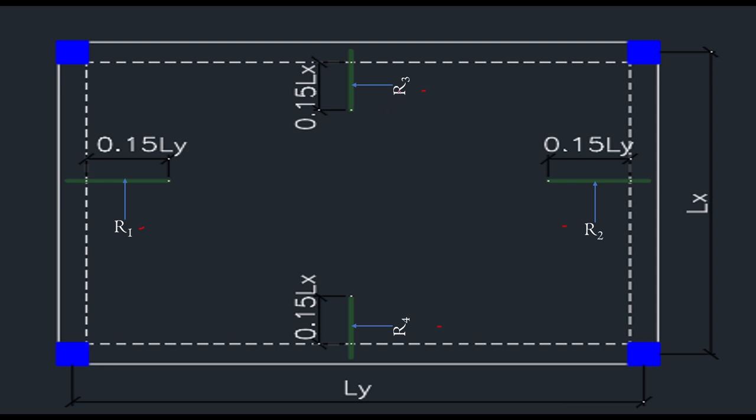In case of R3 and R4, the end is discontinuous, there is no attached slab, so the reinforcement is going to be returned from the face of the beam into the slab by 0.15 multiplied by the length, and in this case, this length is going to be Lx. So simple as that. When the slab is discontinuous and restrained, then you return the reinforcement by 0.15 L, depending on the length of the side of the slab in which the reinforcement is parallel to.